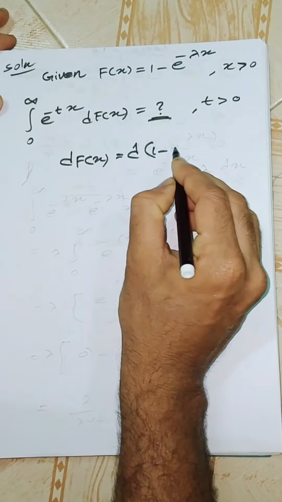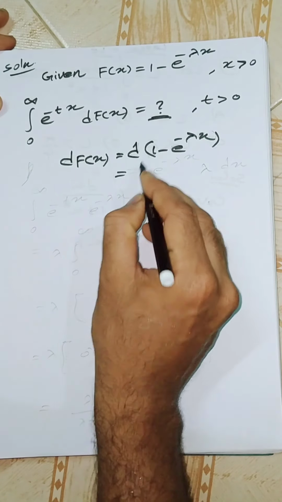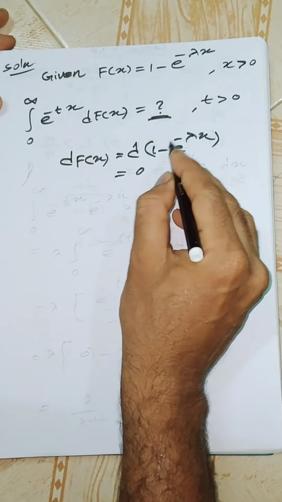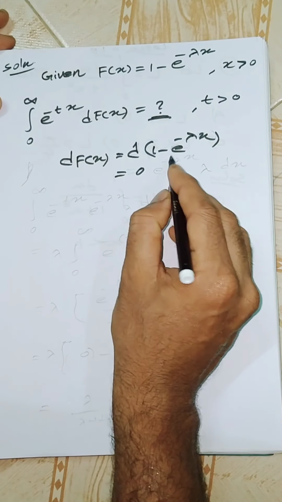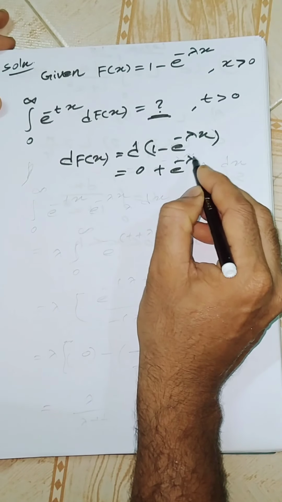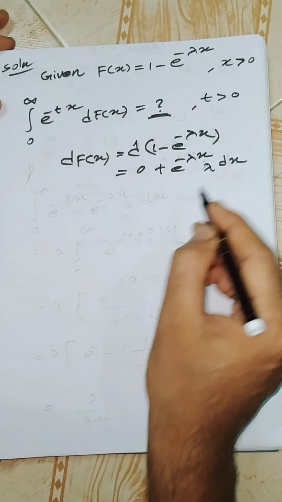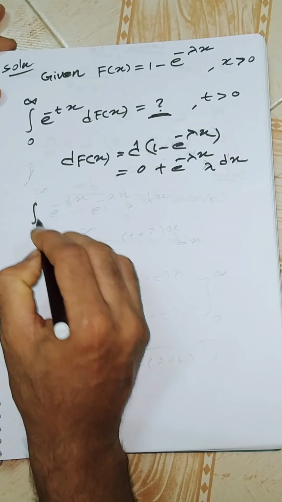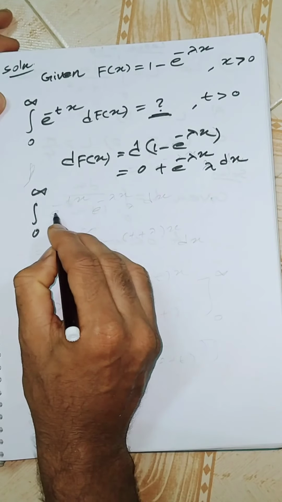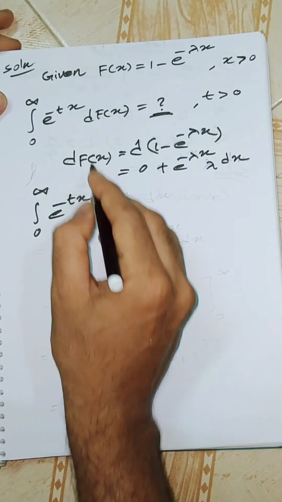That is F of x is 1 minus e power minus lambda x. Now differentiate this, this becomes 0, then plus e power minus lambda x into lambda dx. Is it right?